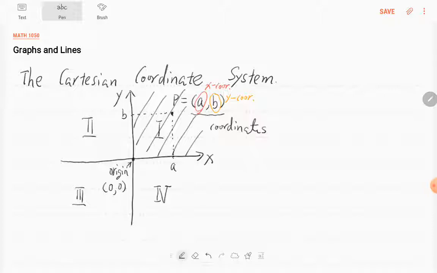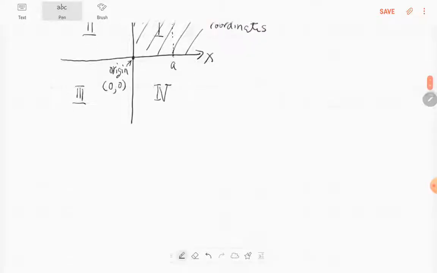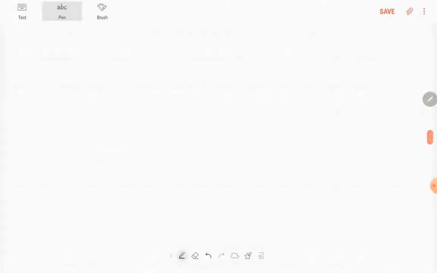Now we want to look at the graph of a linear equation in two variables. A linear equation in two variables is given by this kind of form: a times x plus b times y equals c. You can see that x and y have degree 1.